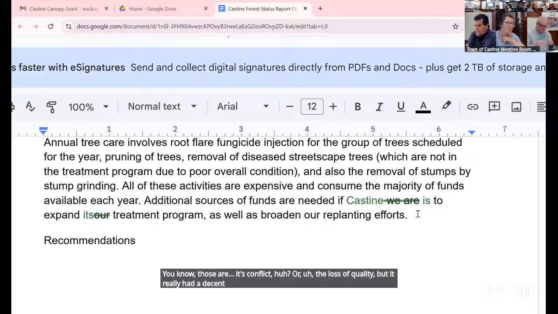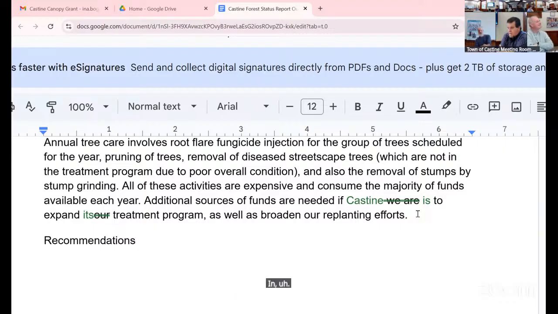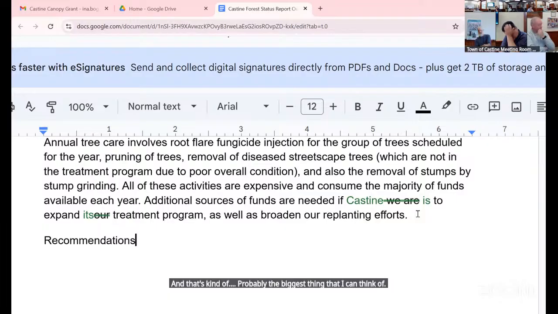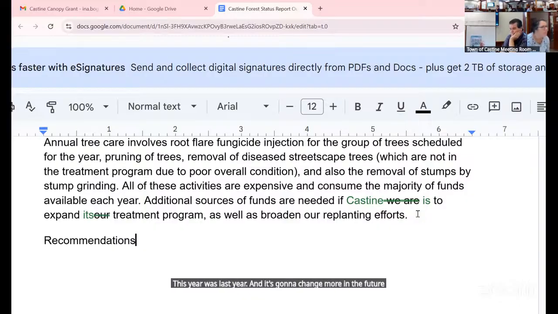So you grow a 100-year tree to 30 and then you cut it down, and it's on top of a sewer. That's probably the biggest thing I can think of on the planning side: figure out where, and then worry about what you're going to plant later. And that changes, it's different this year than it was last year, and it's going to change more in the future, for sure, because of new diseases and climate change, whatever.